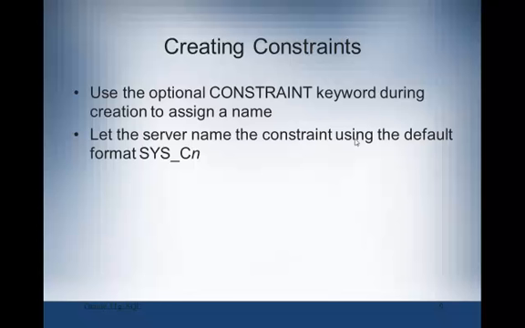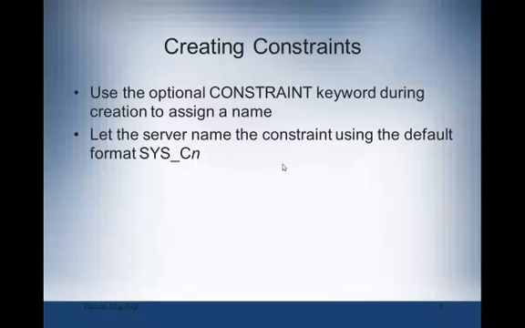If you don't provide a name for each constraint that you create, the database management system will name it for you. The name of the constraints will begin with sys_c and then a number.